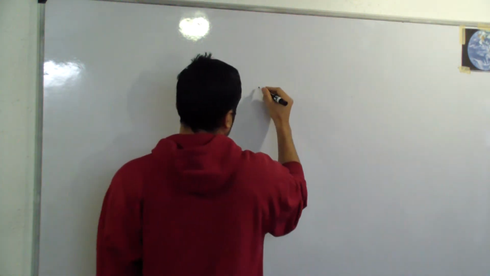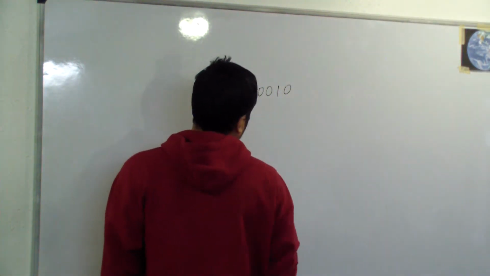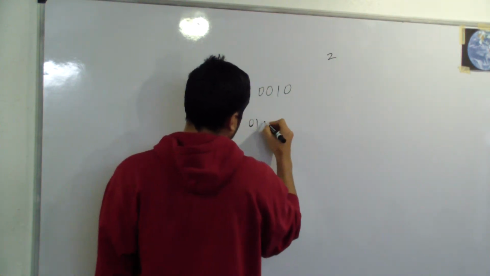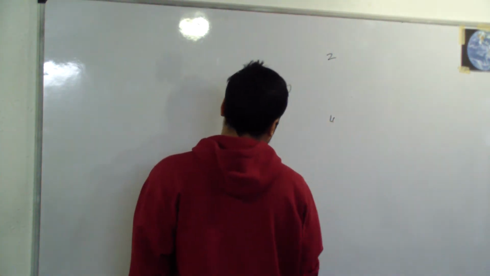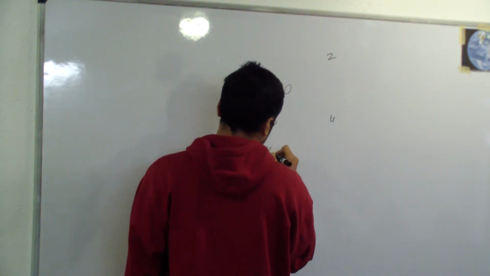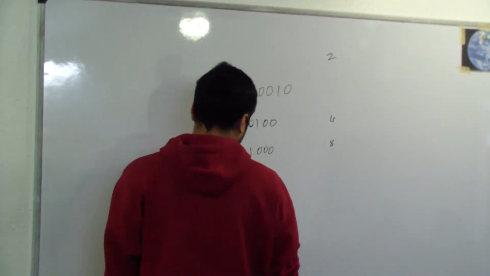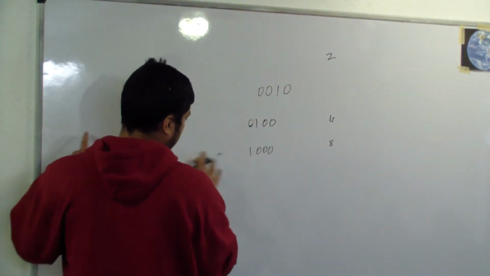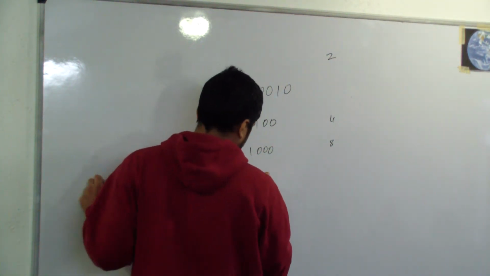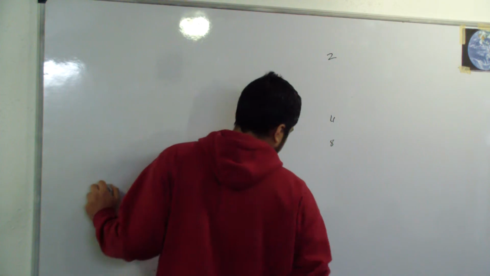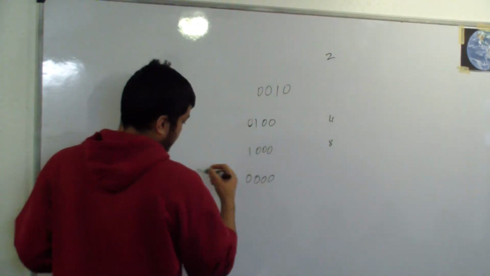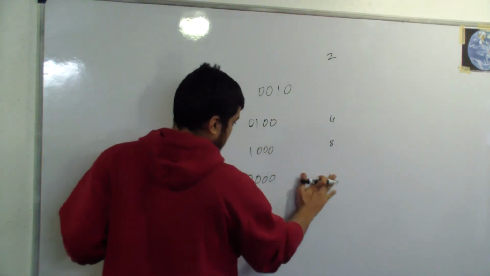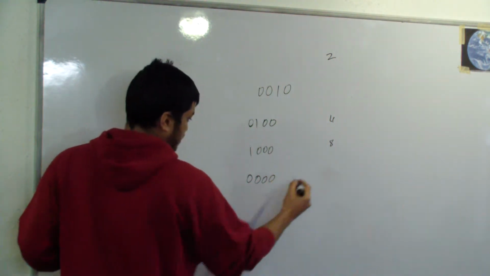So let's say we have, this is 2. When you left shift this, it will become 4. When you left shift this, it will become 8. When you left shift this, I'm not taking 4 bytes, I'm just taking 4 bits, this will be dropped off. 0. If it were 4, it will come here and it will become 16, but for now, it's a 0.